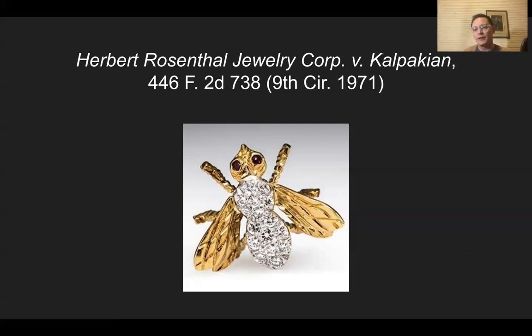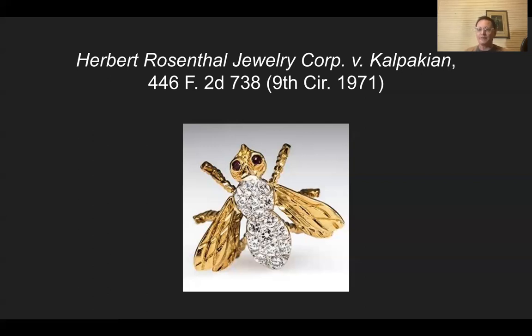And ultimately, what the Ninth Circuit concluded was that Rosenthal was, in a sense, overclaiming, right? The implicit conclusion is, they can claim copyright protection in the particular brooch design that they actually created, but what they can't claim is copyright protection in bee brooches in general, right?